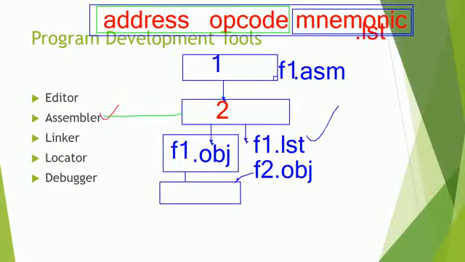If it is not included, your program is not going to execute. If you take only f1.obj and do not consider the header files, then definitely the linker will come across an error saying that you do not have any function definition for printf.